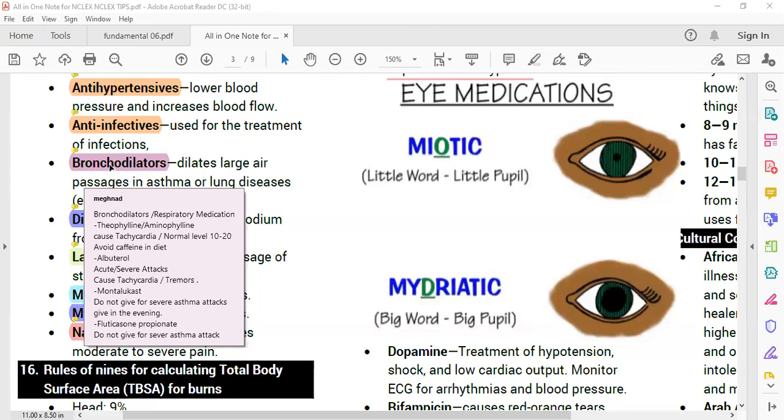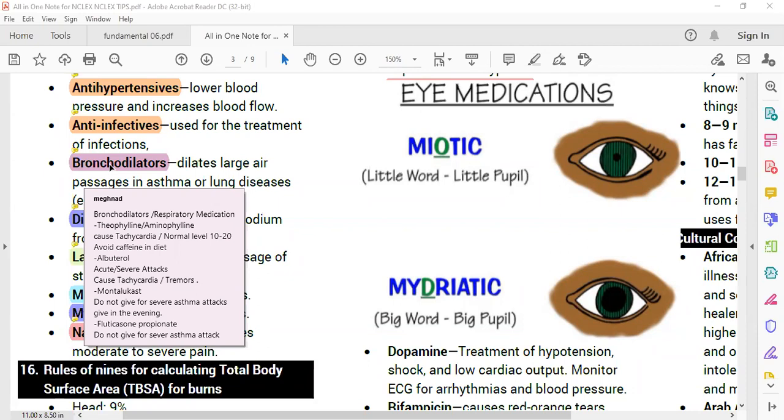The third group here, montelukast. Montelukast is a bronchodilator, but we do not use it for a severe asthma attack. Asthma is a chronic disease, and if your patient has an acute asthma attack, we call it acute exacerbation of chronic asthma.